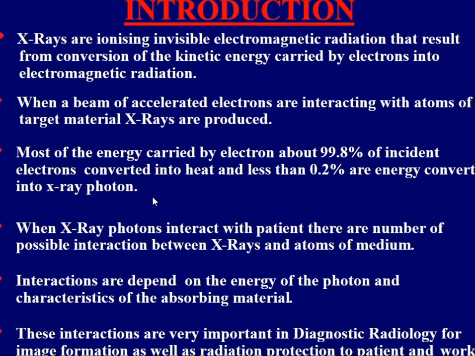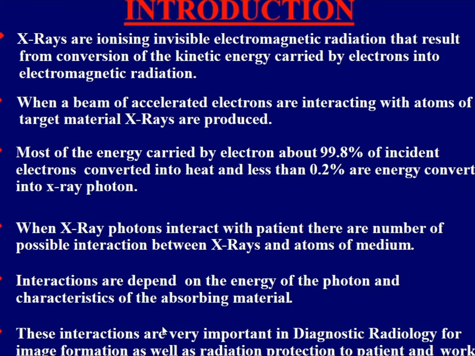Now, when X-ray photons interact with a patient, there are a number of possible interactions between X-rays and atoms of the medium. This interaction mainly depends upon the energy of the emitted photon, and the characteristics of the absorbing material. How much energy can be absorbed by this material depends on the property of the material.